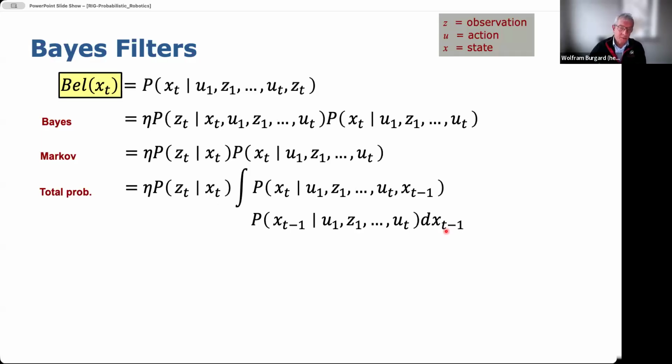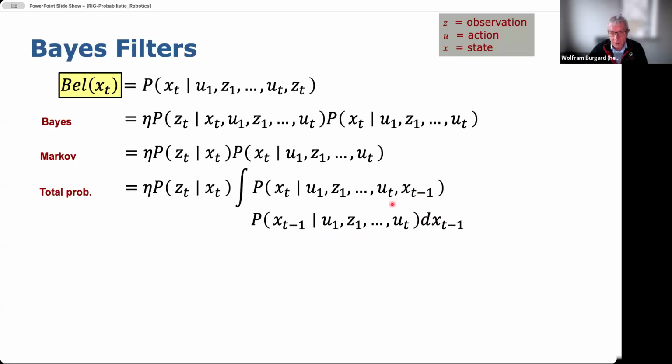This is the marginalization that we have seen a few slides ago. And again, now we can apply the independence assumptions that we had, where we are saying that this only depends on ut and xt minus 1.